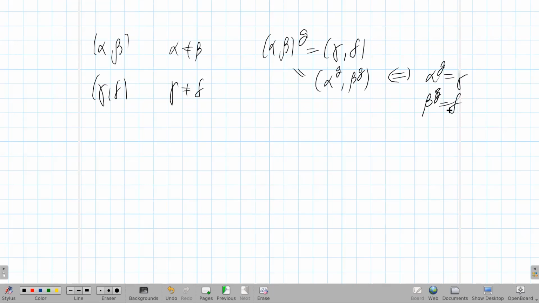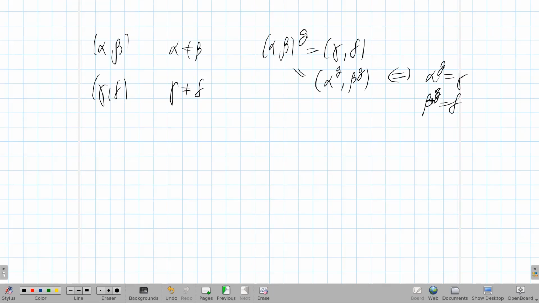And you can do this exactly when the group G is 2-transitive. So you can take a pair of distinct elements to another arbitrary pair of distinct elements precisely when G is 2-transitive.